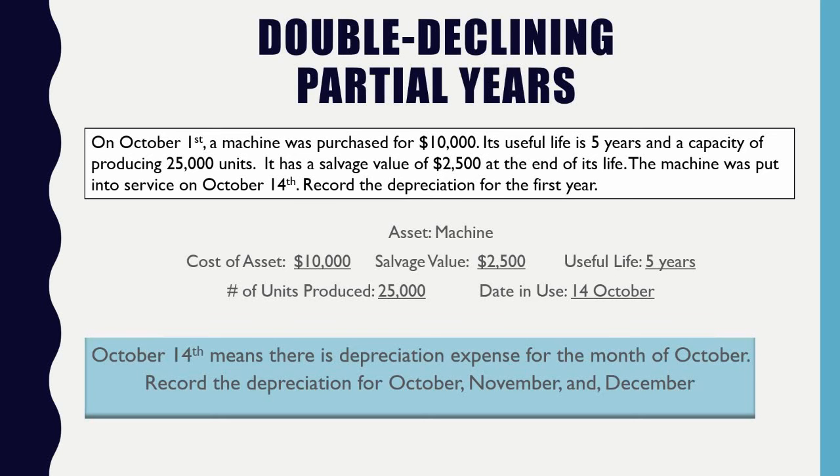It has a salvage value of $2,500 at the end of its useful life, and the machine was placed into service on October 14. Record this transaction, or the depreciation. Because we have one piece of information here, it started on October 14th. So, how many months do I have left to depreciate it if I'm assuming that I do my adjustment entry at the end of the year?